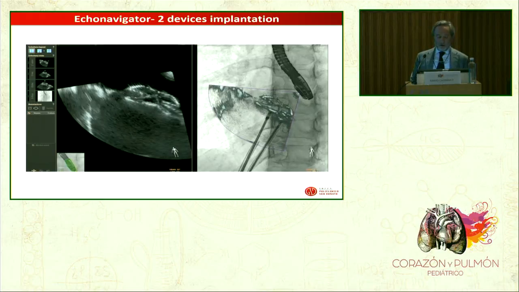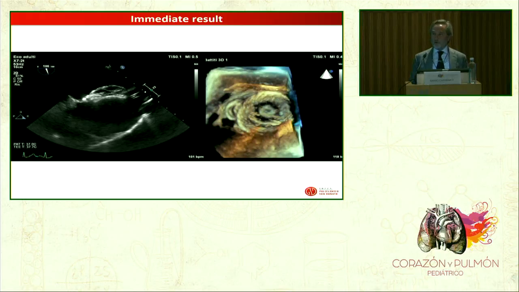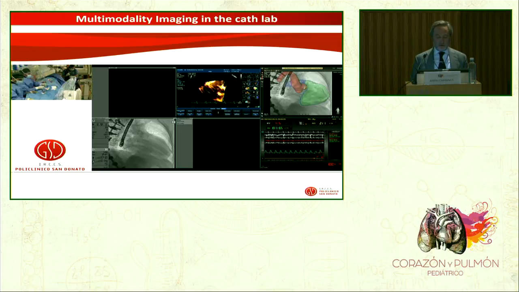And by echo only, you don't see what's going on. And by fluoro as well, you don't see exactly what's going on. And with this technique, we can be more sure about the correct position of the two devices, as you see here in 2D and 3D reconstruction immediately after device implantation.